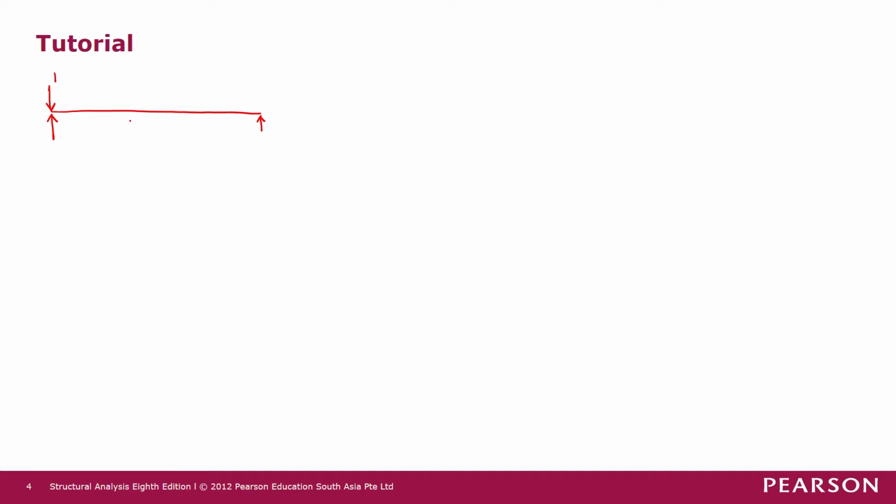Okay, and then C is here, 3 meters away from support A. So once the 1 unit force is at support A, then if you determine the reaction, this reaction is 1. Okay, and then this reaction is 0, right?